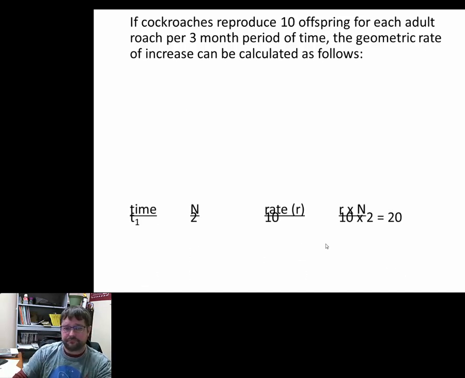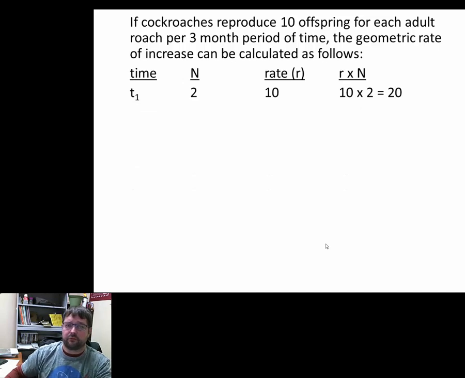So let's do it. Let's first start with the initial time 1. So this is the first 3 months. You have 2 cockroaches. The rate of increase, the number of offspring, 10. So just 10 times 2. Now you have 20 cockroaches.